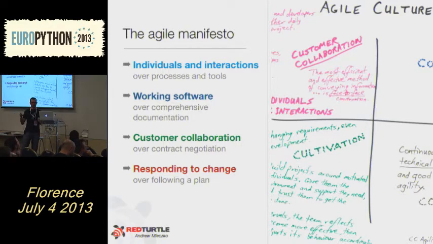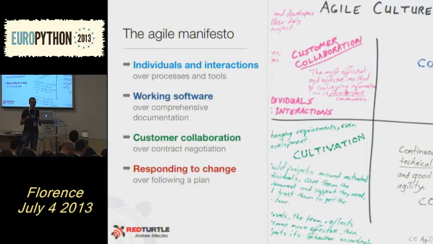I will in a second list all of the 12 principles, but the most important for the agile approach, the first thing is the individuals and interactions. So the important thing is to focus on everybody that is participating in the process, and also to focus on the interactions that happen between those actors.